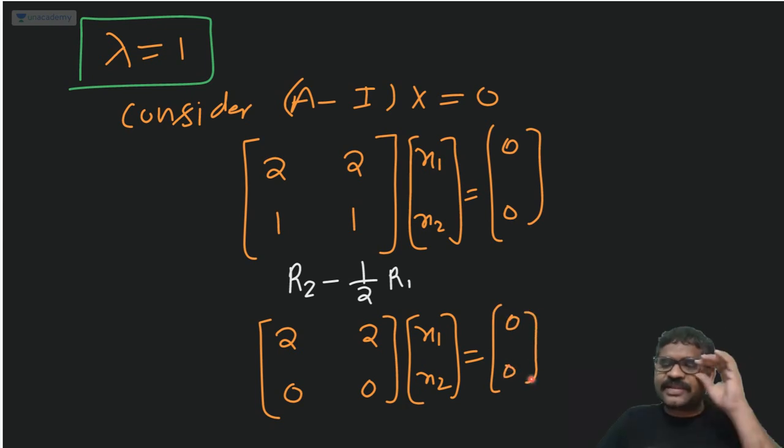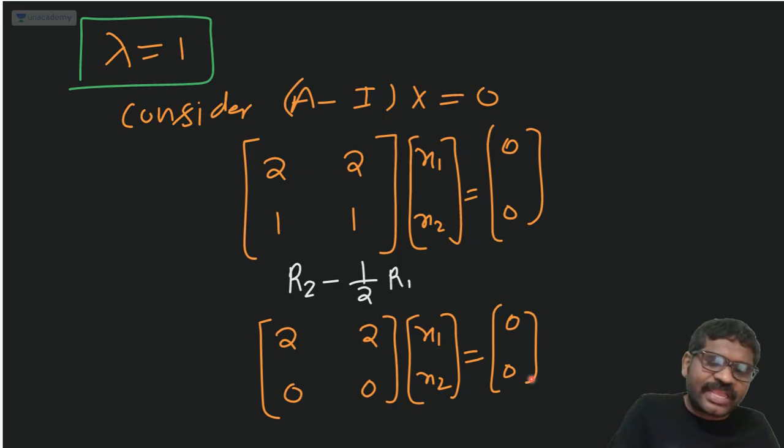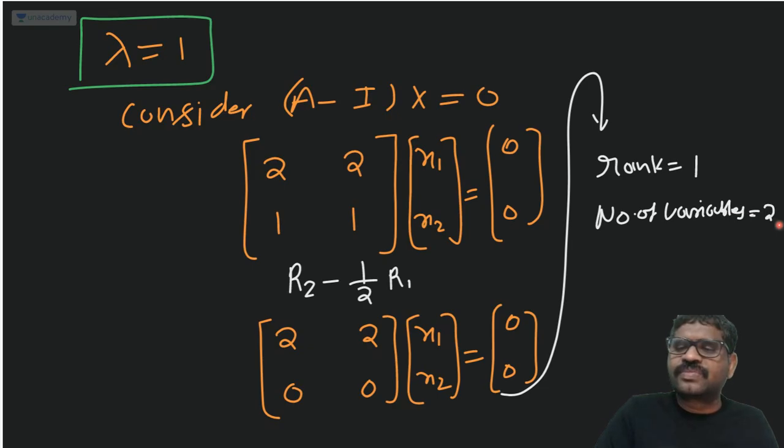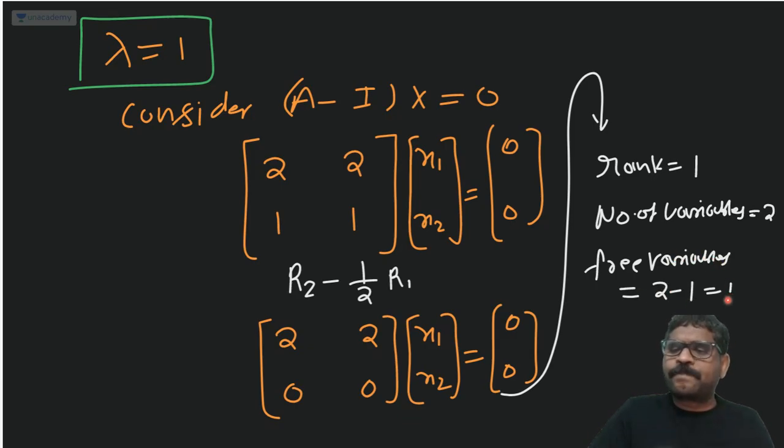What is the rank? Rank is 1. Number of variables 2. Free variable is 1. So one variable is a free variable, right?